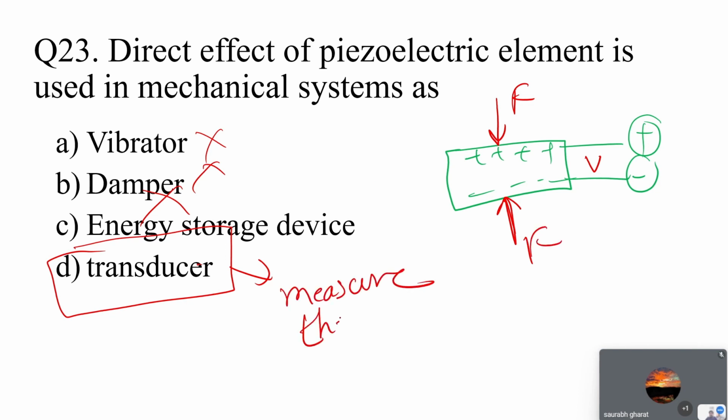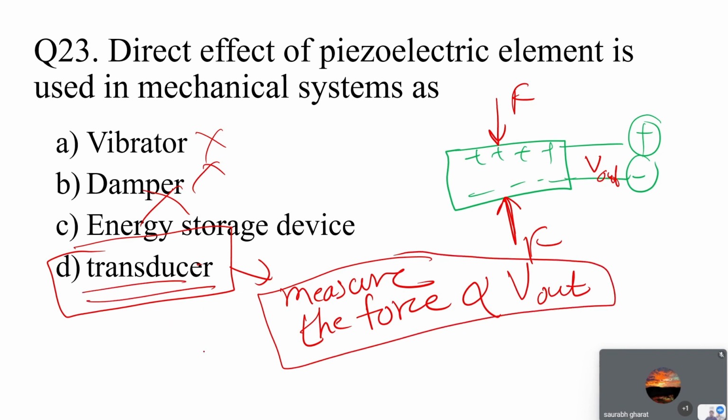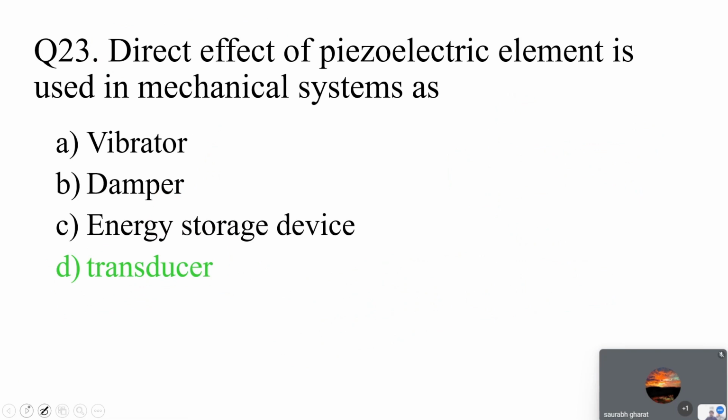The force is directly proportional to the output voltage V out. So it acts as a transducer, mostly a sensor to measure force. This is the direct effect.